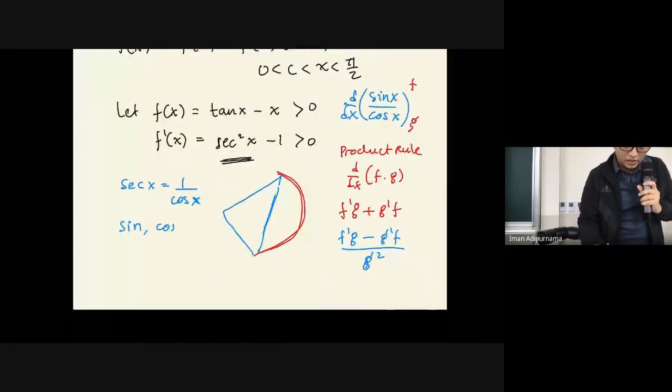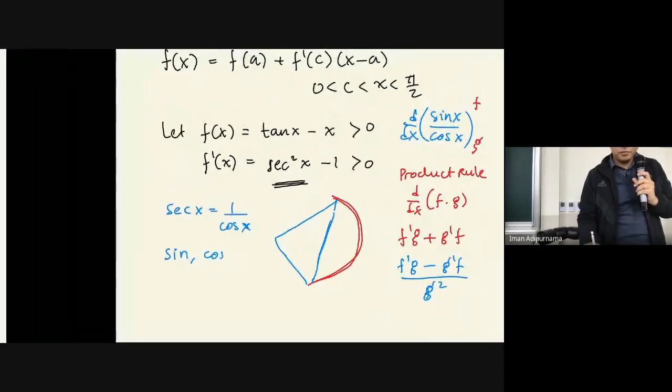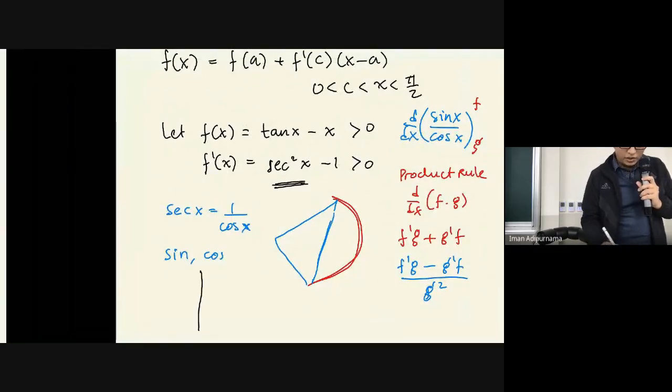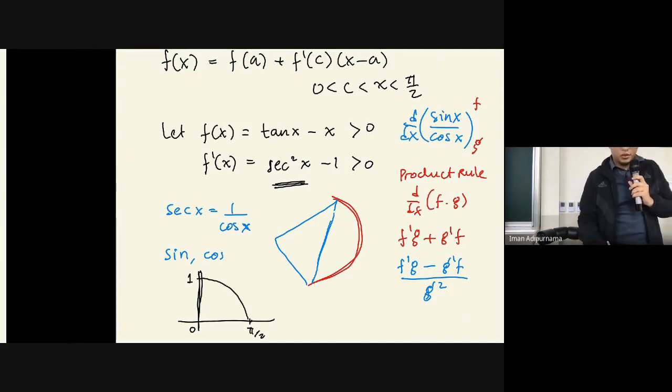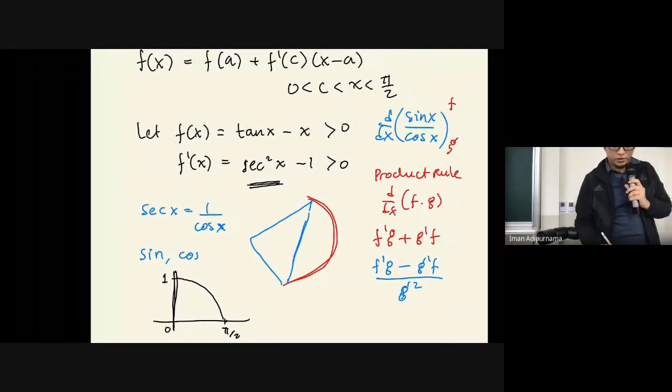Based on sine and cos, you need to have a good basic trigonometry. What I mean is, if you have cosine, when you are at 0, it's 1, right? And when you're at pi over 2, it's 0. So it should be like this. So whenever you are between 0 and pi over 2, your cos c is always less than 1.